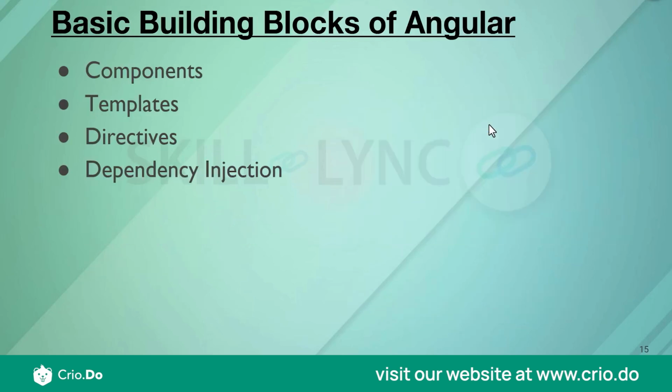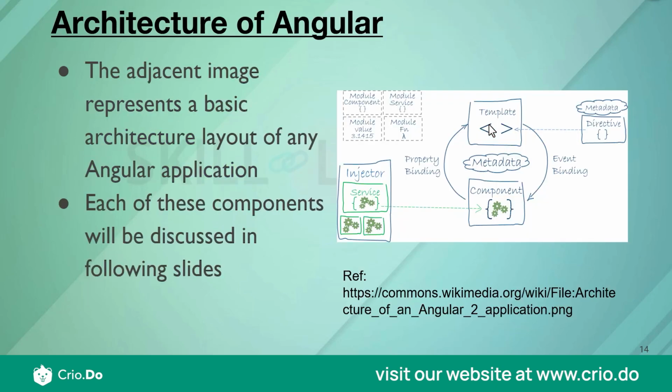Okay. So the basic building blocks of Angular can on a high level be divided into these four classes. One is the components, the second is the templates, third is the directives, and fourth is the dependency injection. Now let's try to understand it.